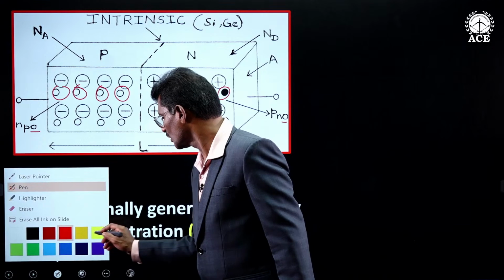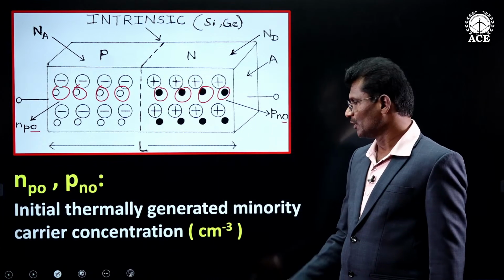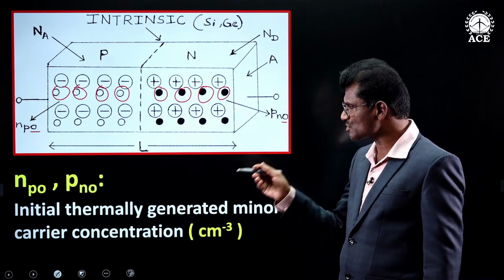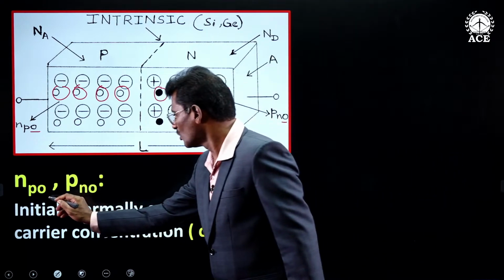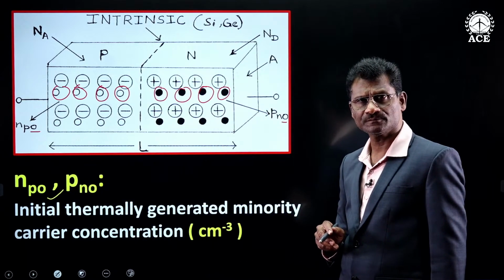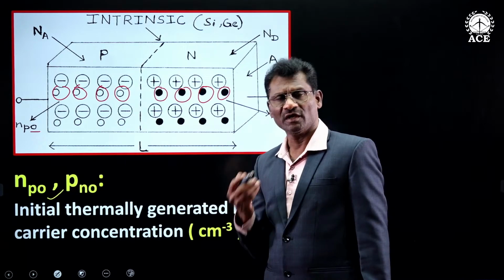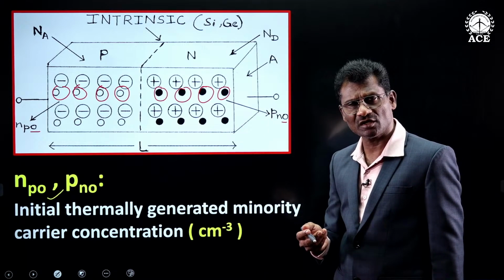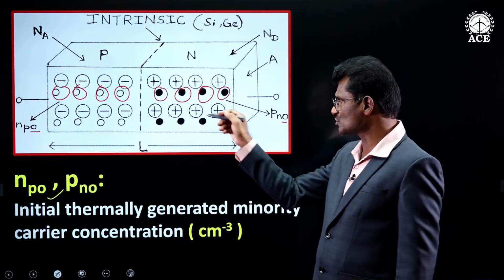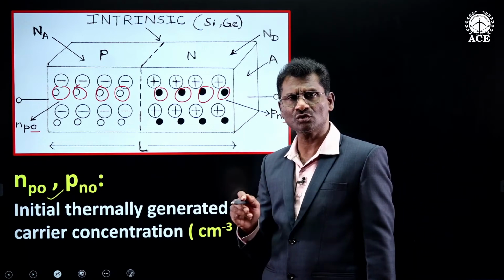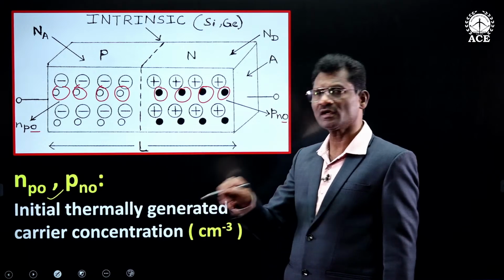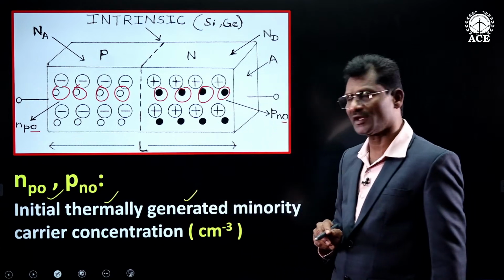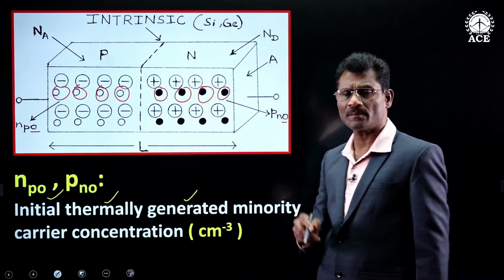Here, coming to the notation, once you see this notation, you can understand as what is meant by these carriers. Why it is called initial? Just now I stated, it is carrier concentration which are generated already by the time we started the explanation, which is due to room temperature and hence called initial. Thermally generated, meaning is it is generated due to temperature.